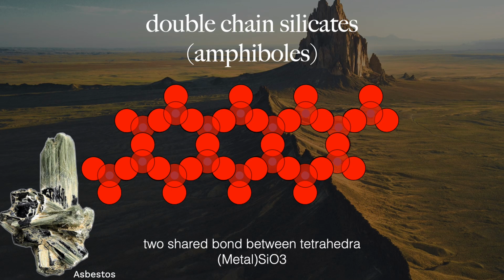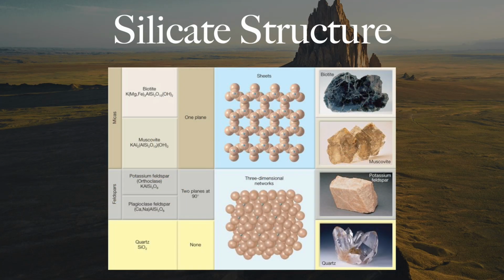But our silicate structures do not end here. The next class we have is micas, which form the silicate sheets, such as biotite or muscovite. Mica is a group of complex hydrous potassium aluminum silicate minerals.